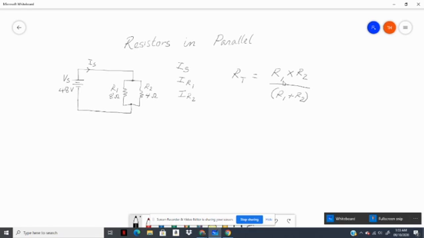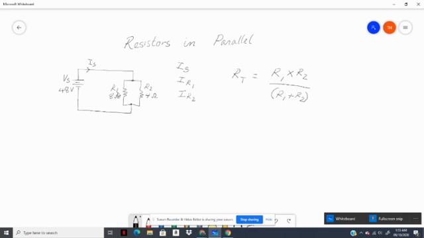You're multiplying R1 by R2 and dividing by R1 plus R2. So you have what we call the product of the two resistors divided by the sum of the two resistors. That's the formula for two resistors in parallel. We're going to see that if we have more than two resistors in parallel, this formula cannot work, and there's another formula that will work for any number of resistors in parallel, including two. But for now, we're going to concentrate on two resistors in parallel.